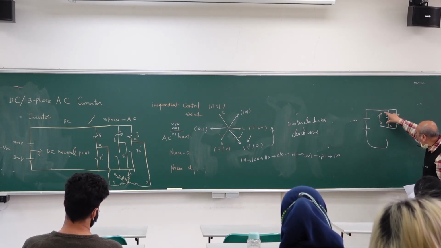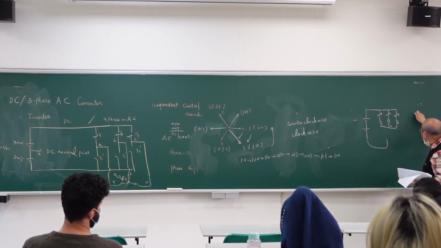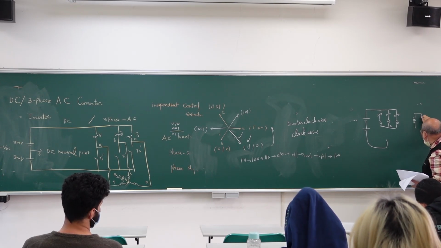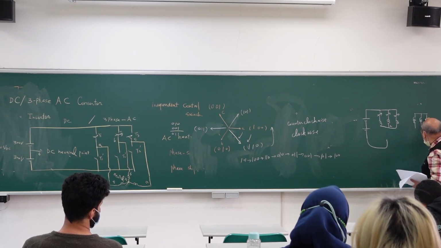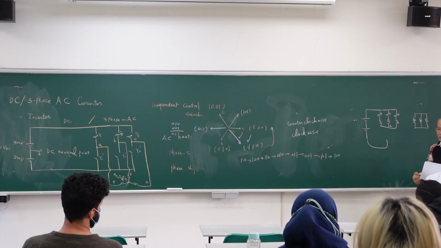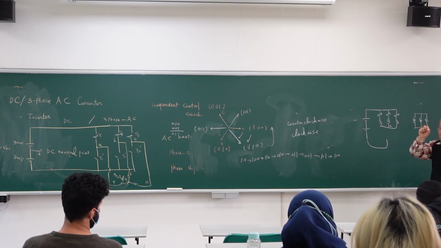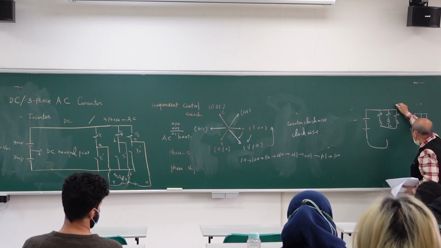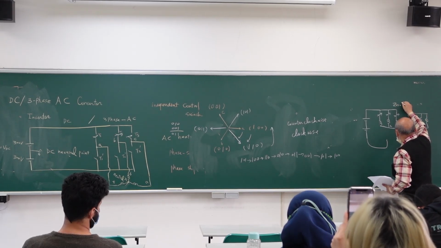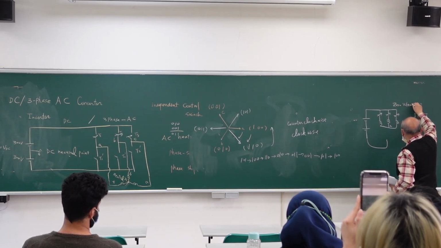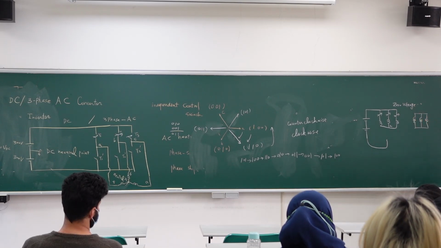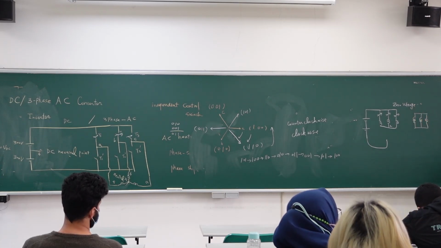And then you put every winding tied together. So what is the voltage? 0. So we call this state 0 voltage.